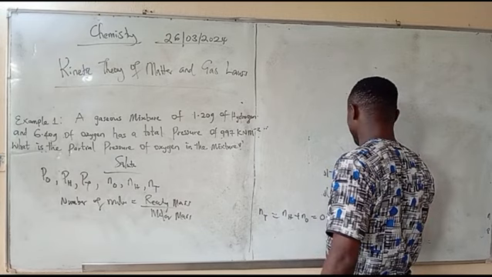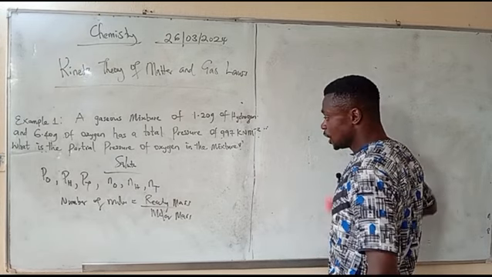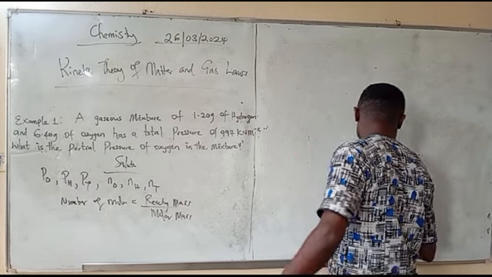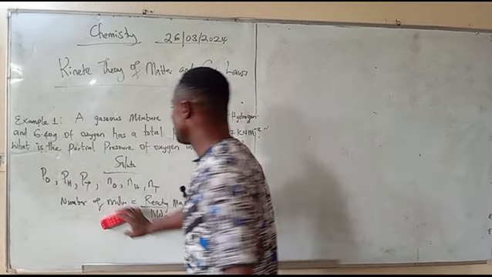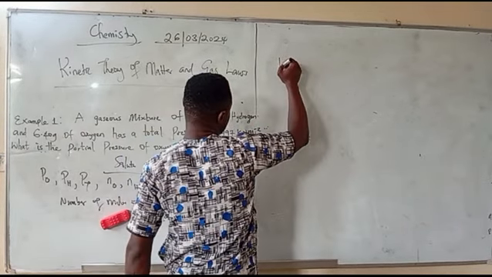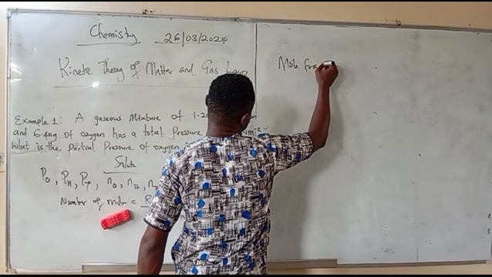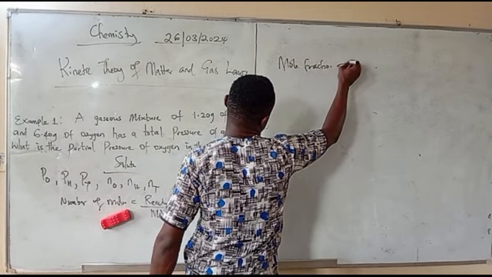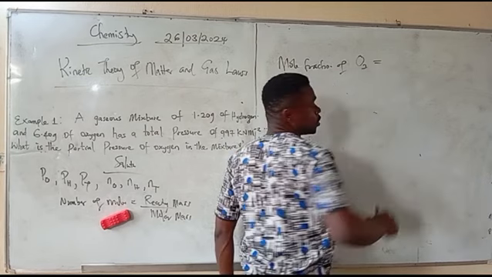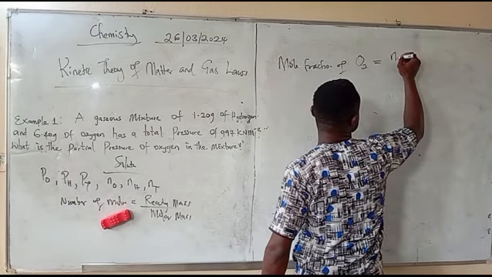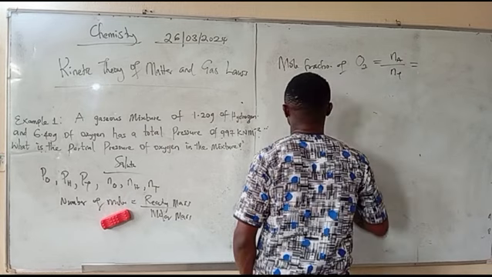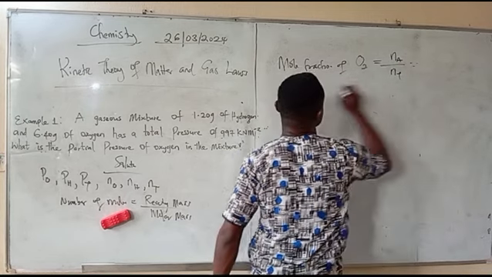Number of oxygen moles over what? 0.8 moles. Okay? Everything is what? 0.2 mole divided by 0.8 is what?